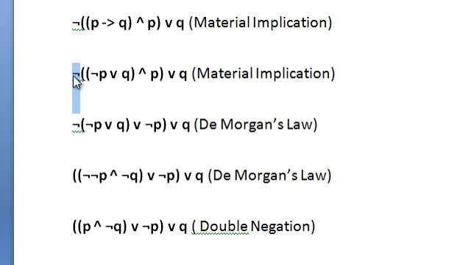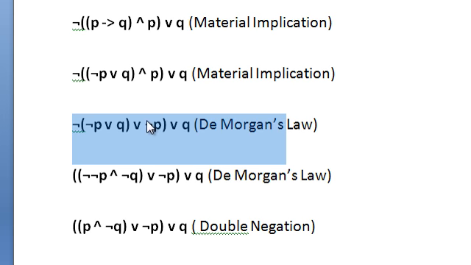By distributing this negation over these two propositions, we would change the operator AND into OR, and the negation would be distributed.